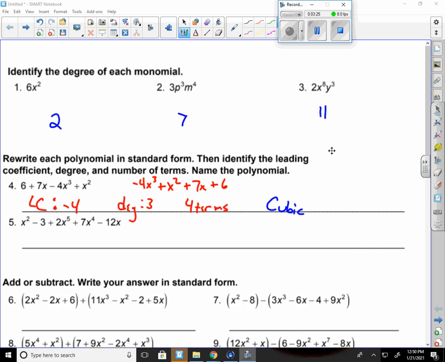And then if you remember, 1 term is a monomial, 2 terms is a binomial, 3 terms is a trinomial, and then we didn't have a name for anything above 3 terms, so we just stick with polynomial. So this is a cubic polynomial.